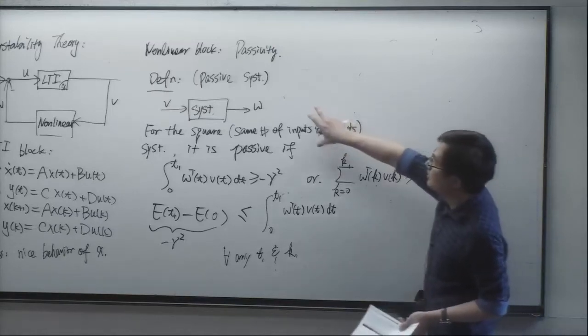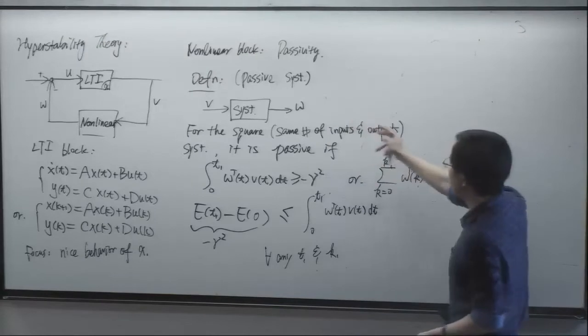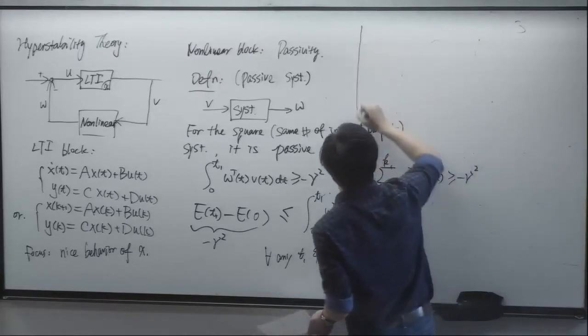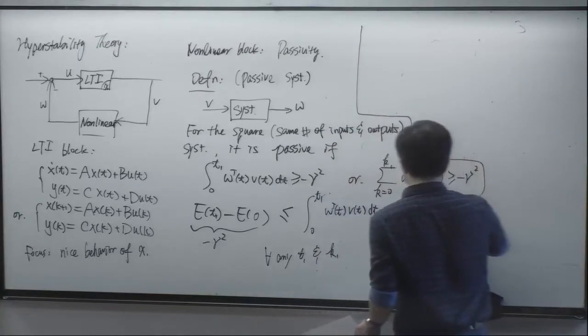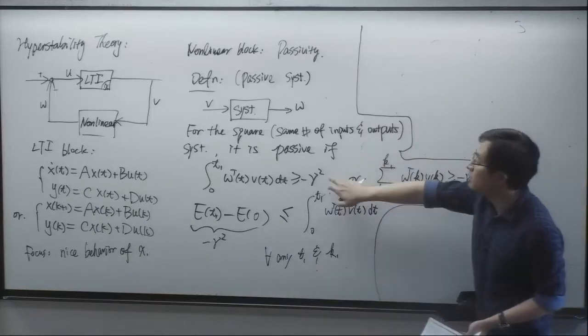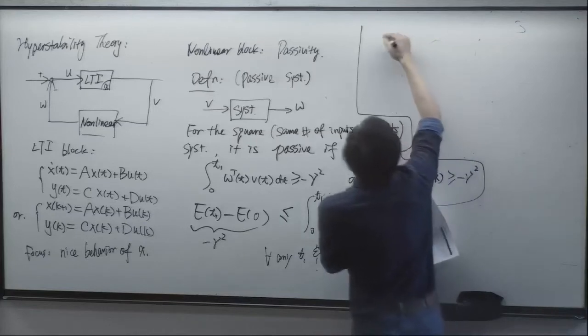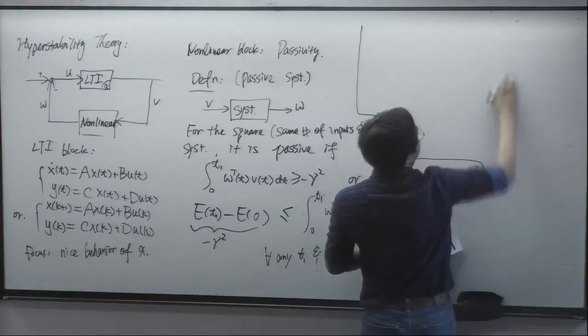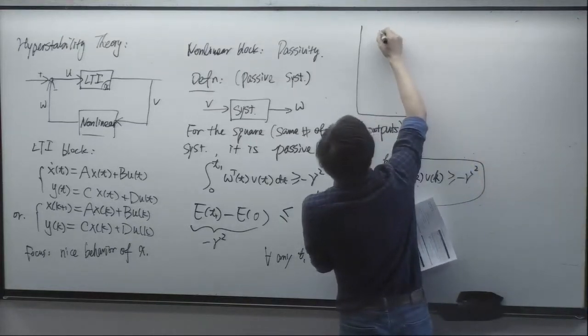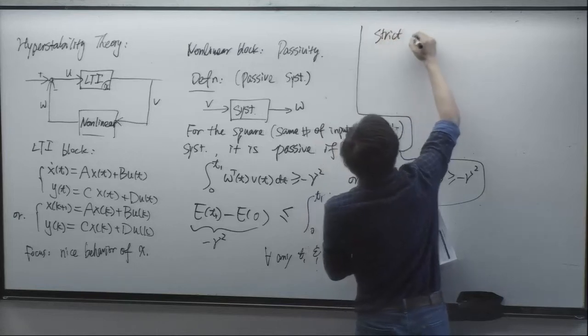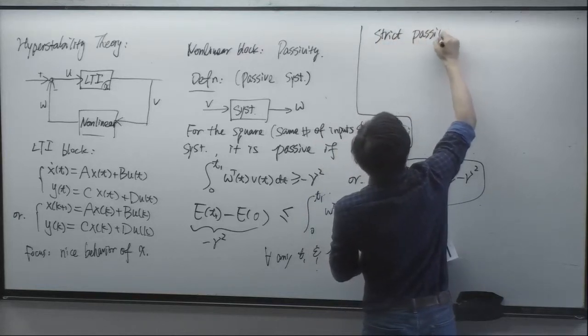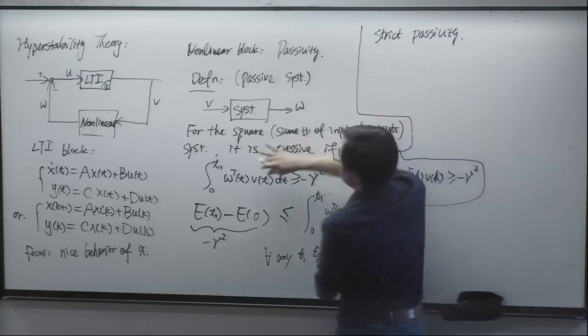This is just passive. Now, the concept of strictly passive, it's similar. It's going to be a little bit more than just this. All right? So let's think about how to put strict passivity into equations. The same system.